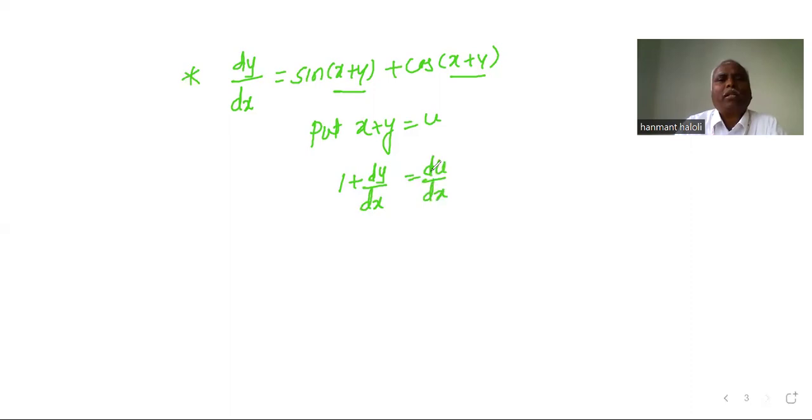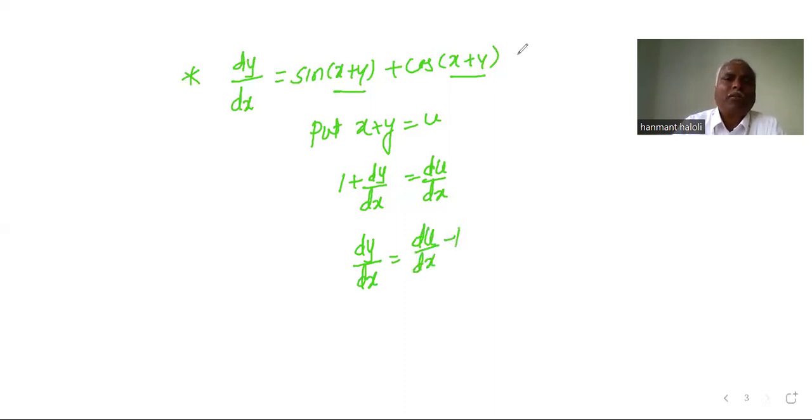Now here the x and y variables are converted into x and u variable form. It is also called change of variable form. Now this becomes dy by dx is equal to du by dx minus 1.